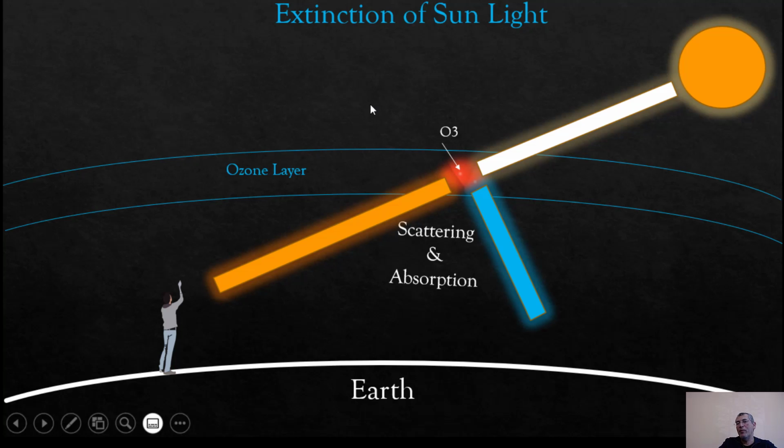This is what's happening not just with the ozone molecule, but with nitrogen and other particles, like, as I said, dust and pollen. Based on their sizes, they will impact certain wavelengths more than others.